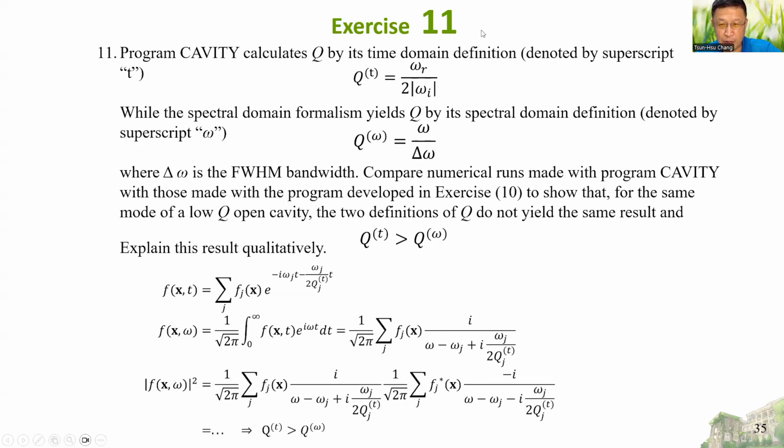If we want to consider a complete model, we should consider the non-uniformity, the change of mode, and others. Okay, that will be very useful. Exercise 11 is very helpful for you to understand the resonance frequency and quality factor.